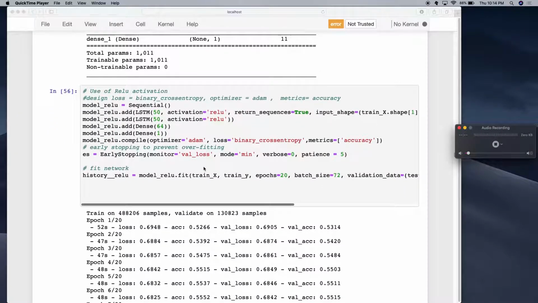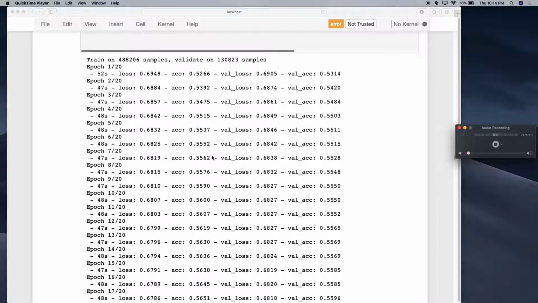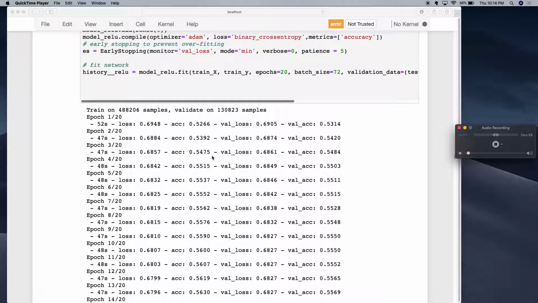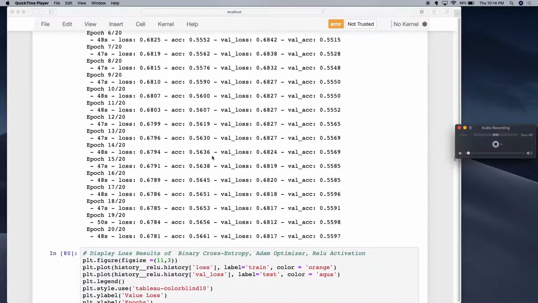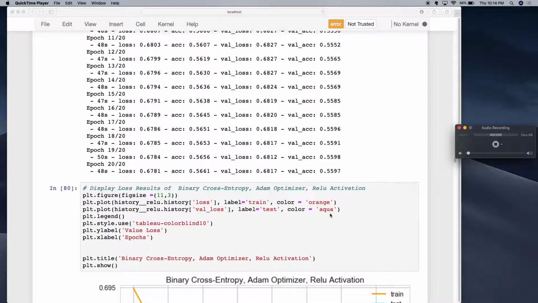So we use the binary cross entropy for our loss and Adam for the optimization. Our accuracy went up to about 56% with using ReLU.